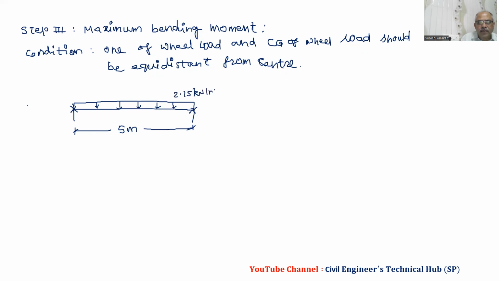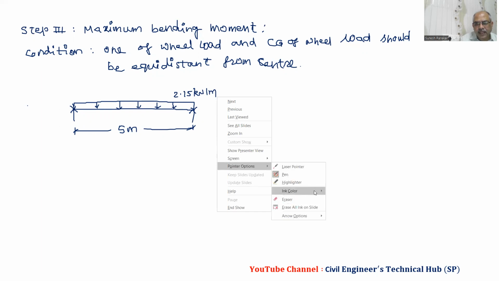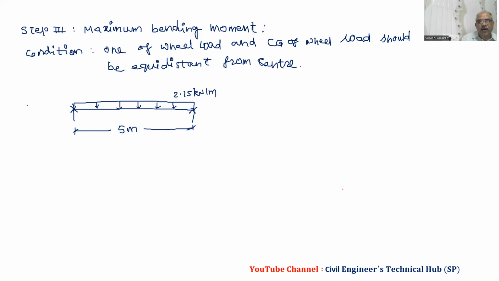And now we have to put the two wheel loads in such a way that the CG and one of the wheels should be equidistant from the center. So now we have 2.5 meters, this distance. This is 2.5 meters. So now I will put one of the wheels over here. So the value of the wheel load is 268.68 kilonewton.